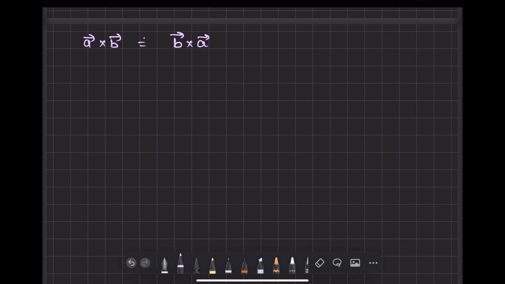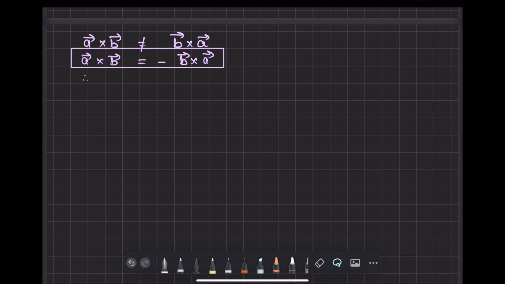So these two vectors are not equal. If you still wish to write these two as equal, you should multiply the vector by a negative so that it changes the direction. This way you can write vector a cross b equals minus of b cross a.